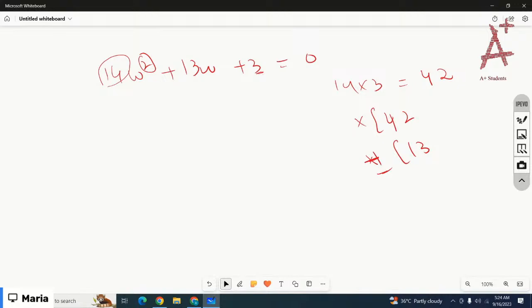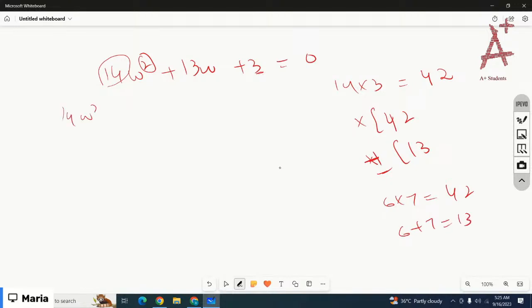So what are the two numbers? Okay, yes. 6 times 7 is 42, and 6 plus 7 makes 13, right?